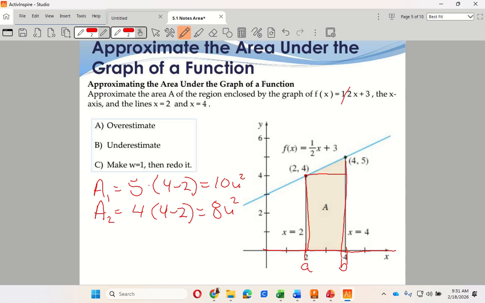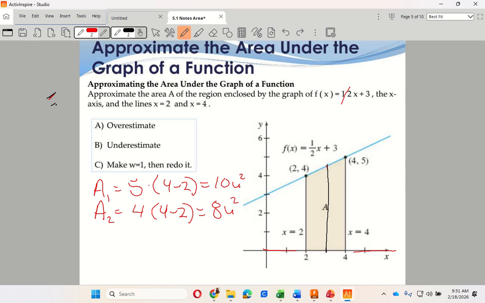Now, making the width 1. Yes? Okay, you guys agree there, right?